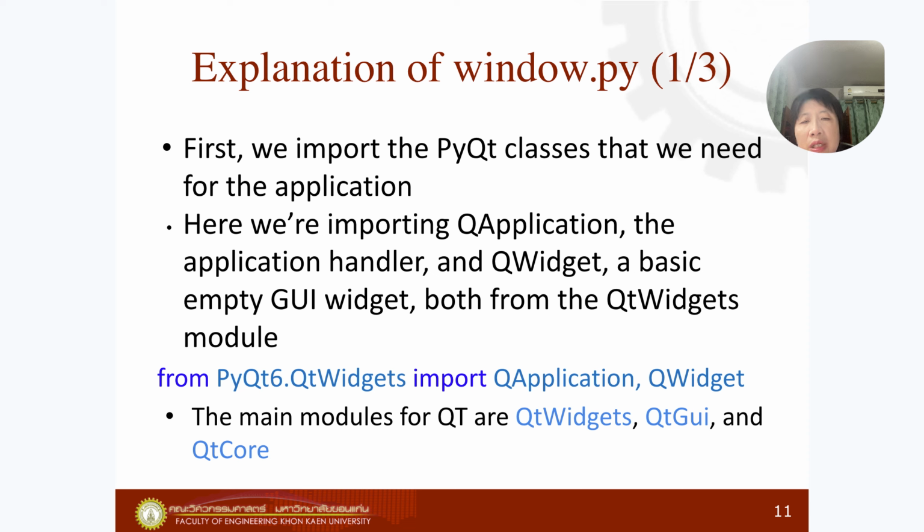Okay, so here in the window.py, which I just explained, you can see that first we need to import PyQt classes. Here we import QApplication, which is the application handler, and QWidget, which is a basic empty GUI widget, from the Qt widgets module.